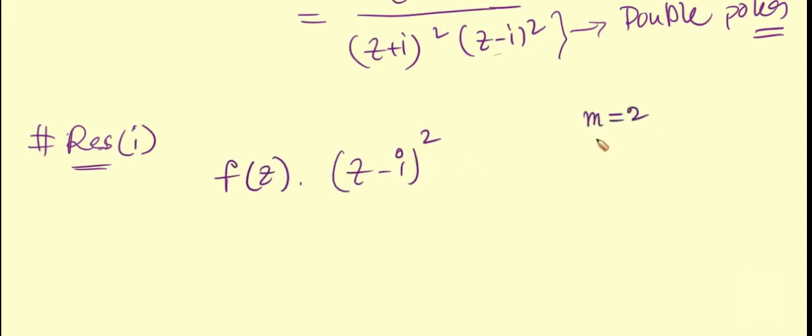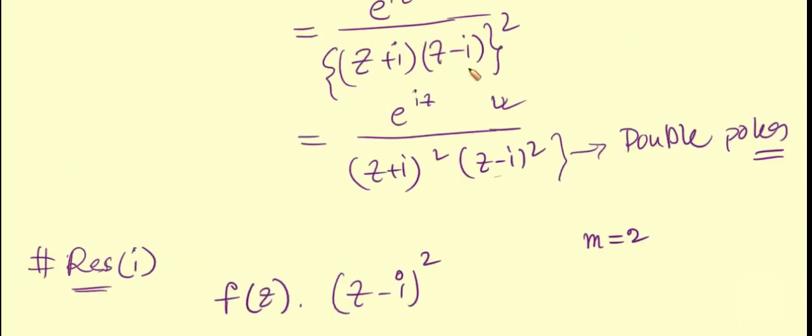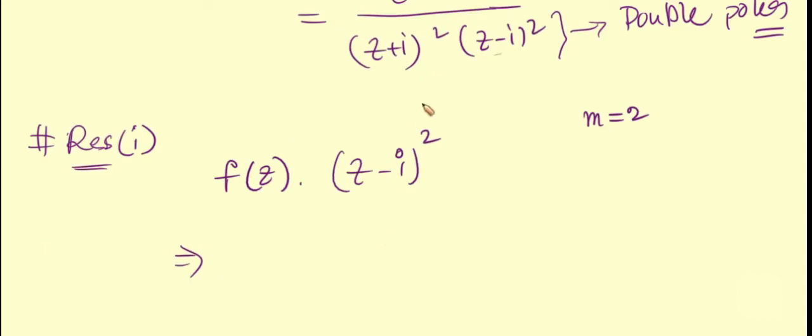It's an order 2 thing, or a double pole, whatever you want to call it. And if you put this expression over here, you can see that the denominator z minus i whole square will get cancelled out with this. So this will just be e to the power iz over z plus i whole square, right?